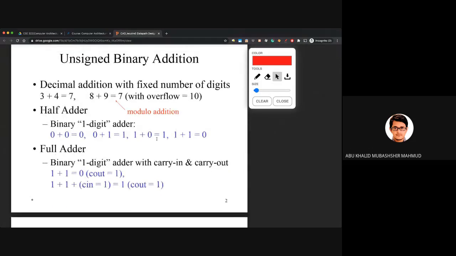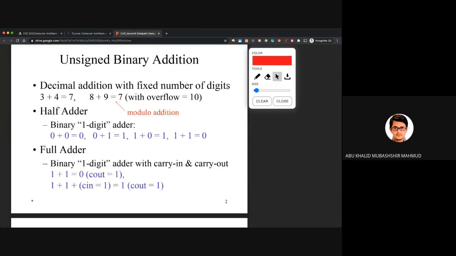Using the binary addition format, what we see here is that when we add 3 and 4, we get 7, and when we add 8 and 9, we get 17, which is 7 with an overflow of 10.